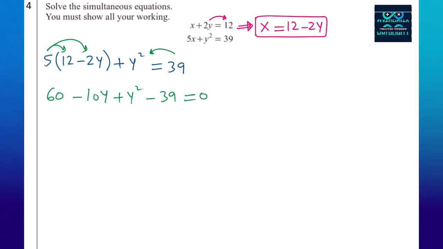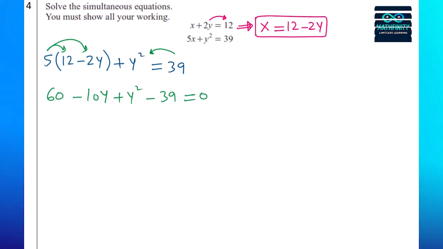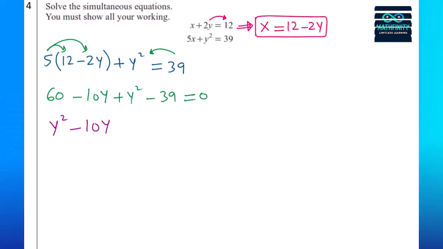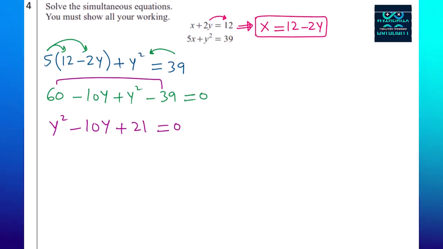We will arrange in order. y squared should be the first term, then negative 10y. What is the answer of 60 minus 39? 21. Positive 21. Okay, when you solve 60 and 39, you will get positive 21.